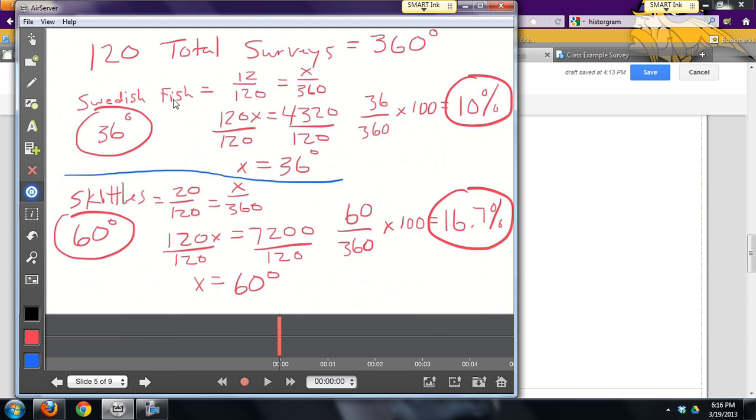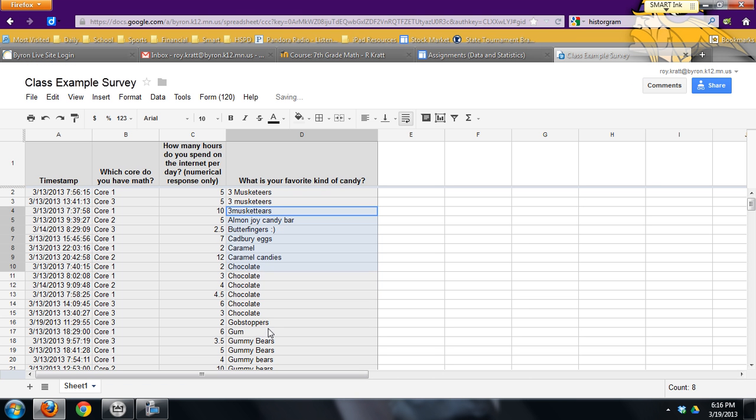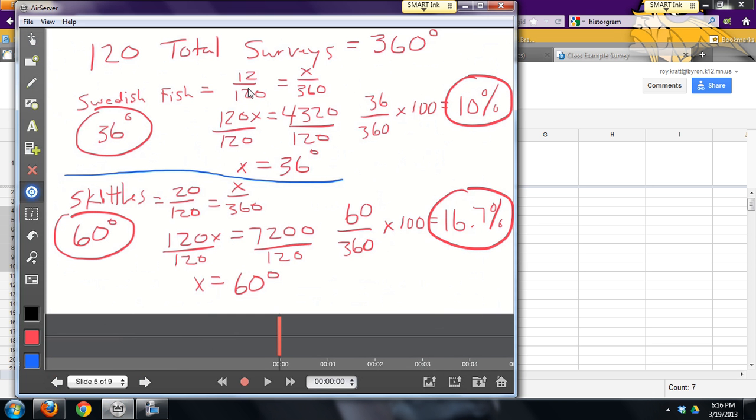Now, Swedish fish. If I look at my data, how many people liked Swedish fish? There are 12 people that like Swedish fish, so I put 12 over 120. I made that equal to x over 360, x meaning how many degrees it's going to be out of 360.